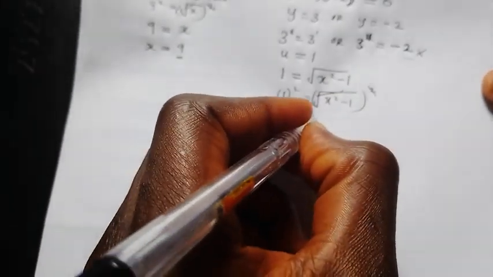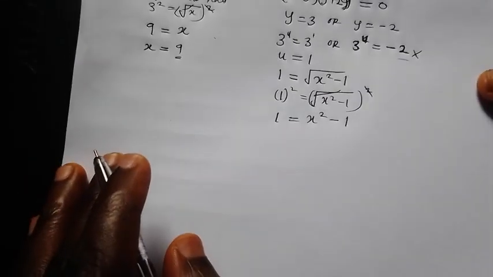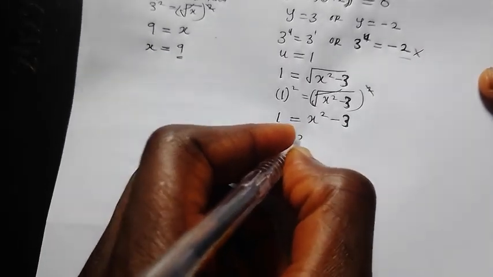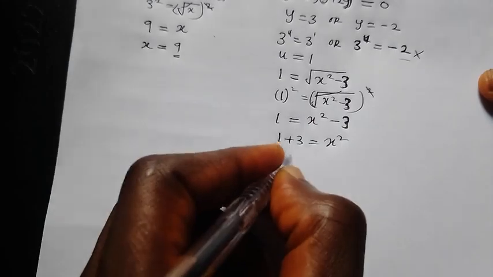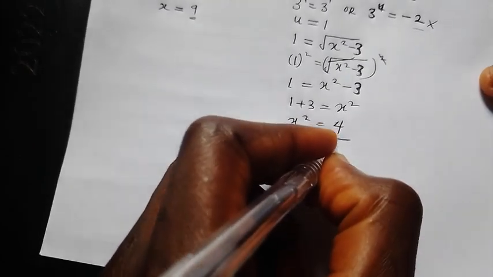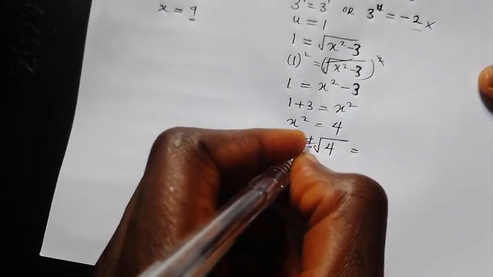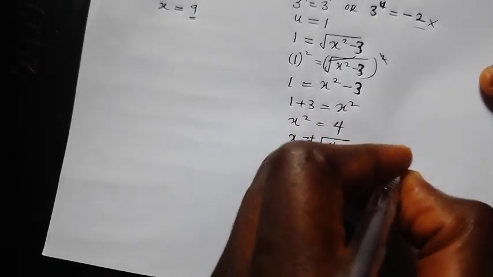This square eliminates the square root, such that we now have 1 to be equals to x squared minus 3. Sorry, that's my mistake. So from here now we can say 1 plus 3 is equals to x squared, where x squared is equals to 4, and hence x is equals to square root of 4, and normally that's supposed to be plus or minus square root of 4, which is plus or minus 2.